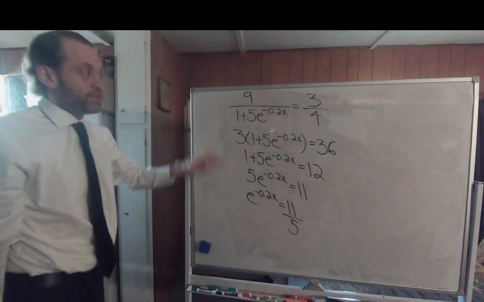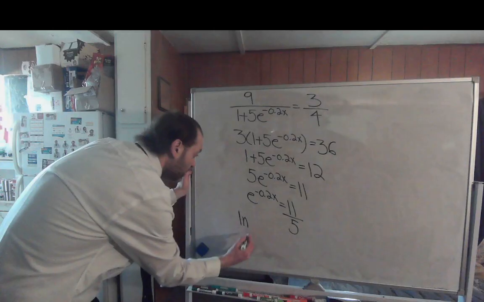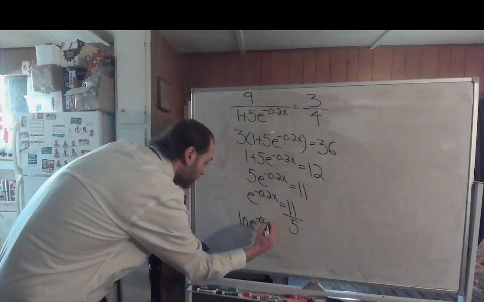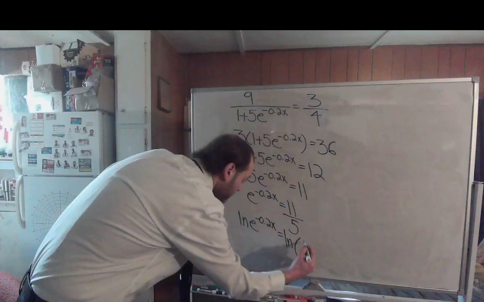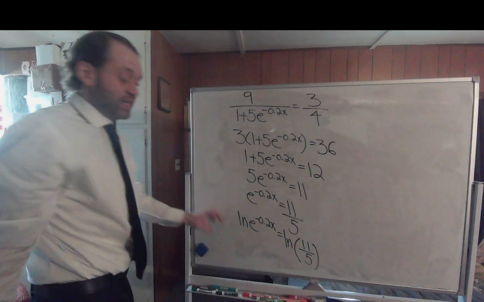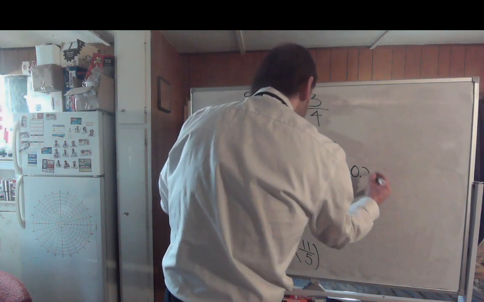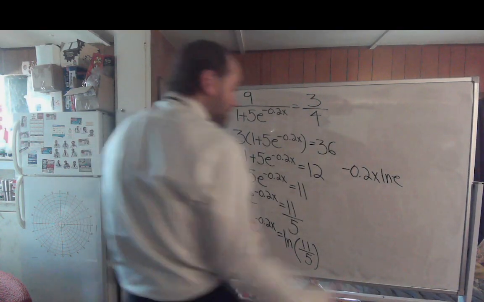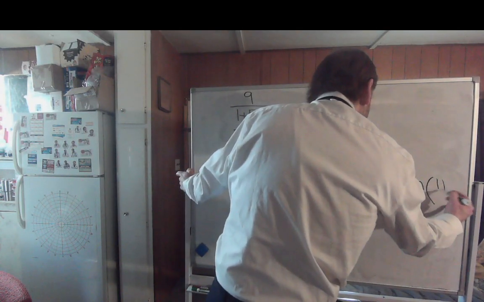Now we just pull out the natural log trick. So the natural log of e to the negative 0.2x equals the natural log of 11/5. And on the left side you have a power rule, so you'll take negative 0.2x times the natural log of e. That'll equal the natural log of 11/5.